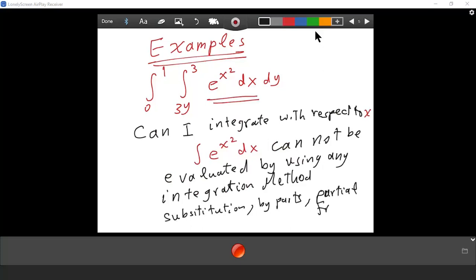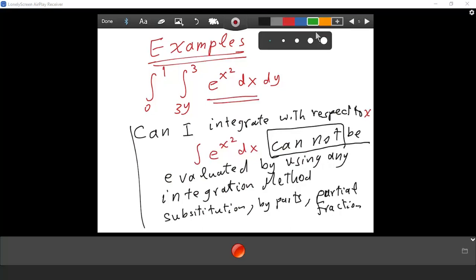Because we cannot, we have to think about what? Yes, reversing the order. Now I have to think about reversing the order.